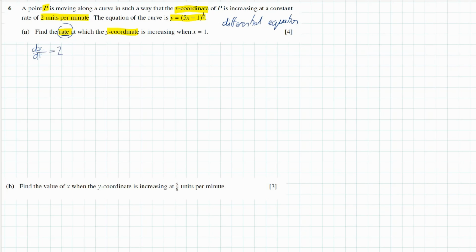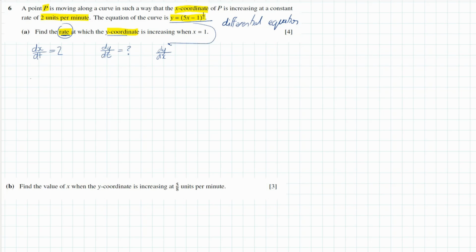We are trying to find the rate at which the y-coordinate is increasing, so we want to know dy/dt. And we also have y equals something here, so we can find dy/dx. We can actually find that one.